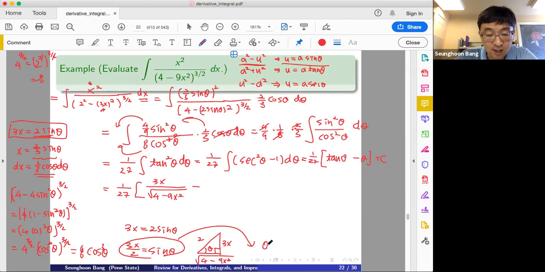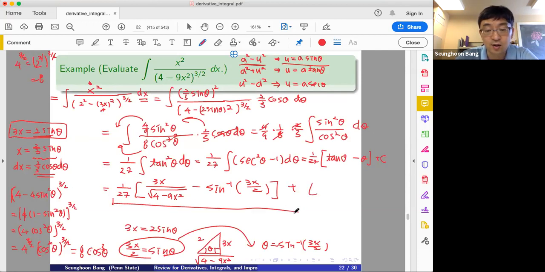Theta is the same as inverse sine of 3x over 2. So this is the inverse sine of 3x over 2, plus c. That's it. This is the whole idea for solving this problem by using trigonometric substitution, the main idea.